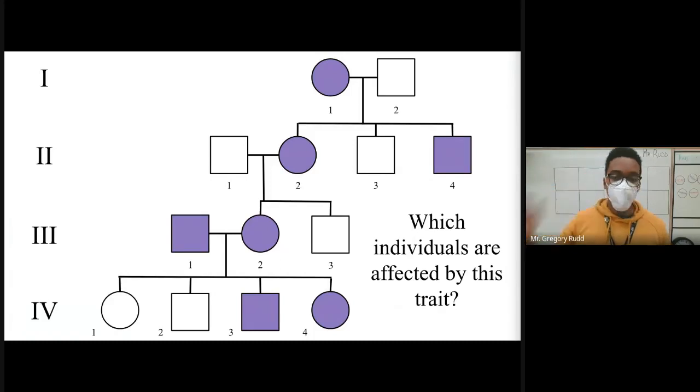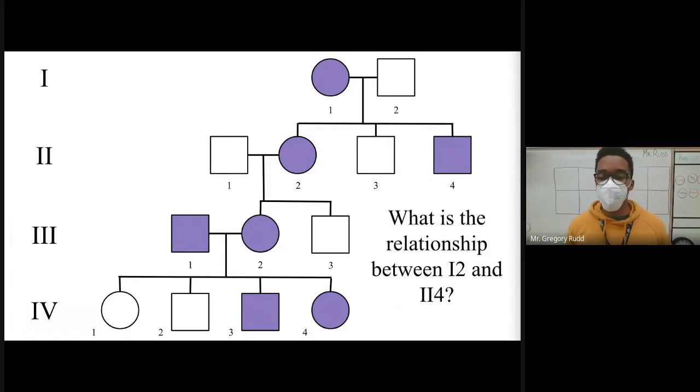We also want to be aware of some of the relationships between them. Can anyone tell me the relationship between individual I2 and individual II4? What is their relationship? Excellent.